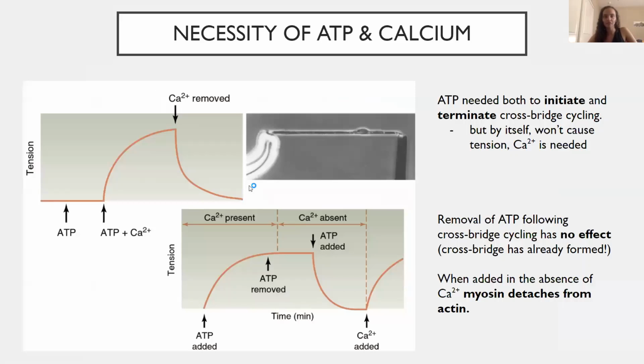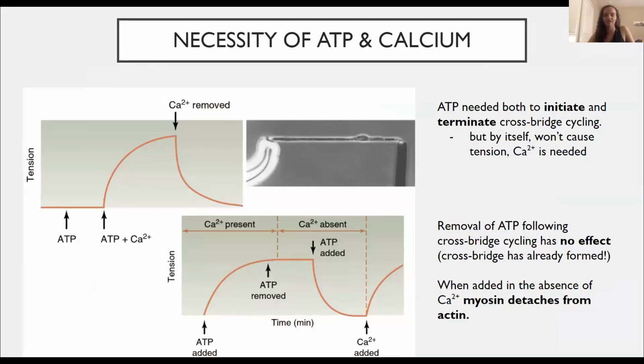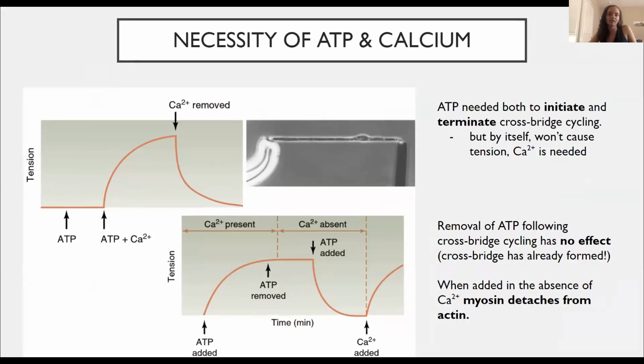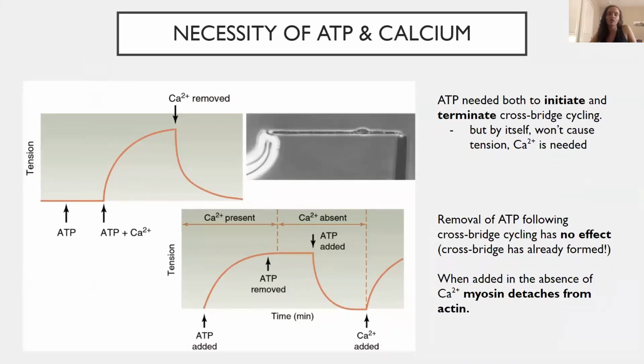Okay, lecture 7. This was an experiment that Dr. Azizi talked about, and it basically proved that ATP is necessary for cross bridge initiation and termination.